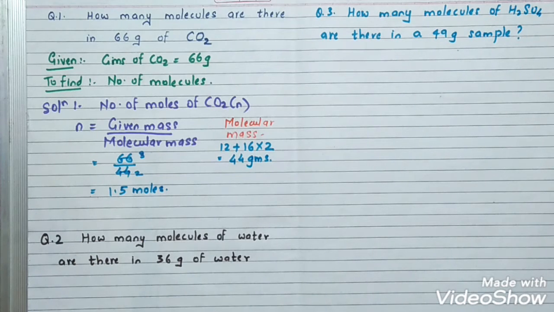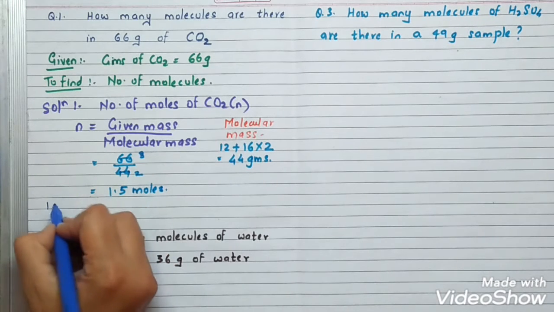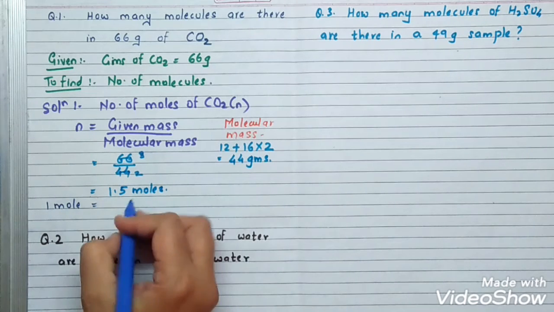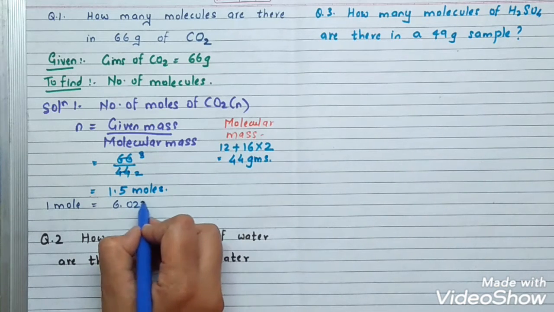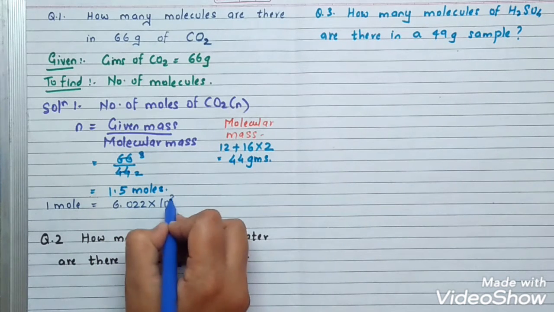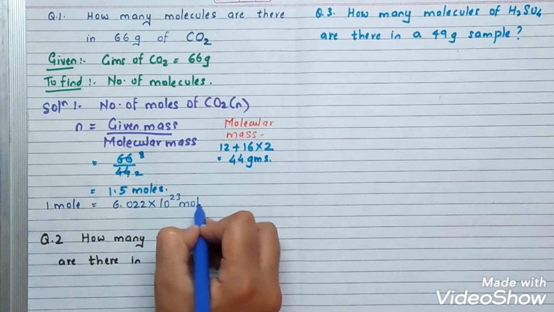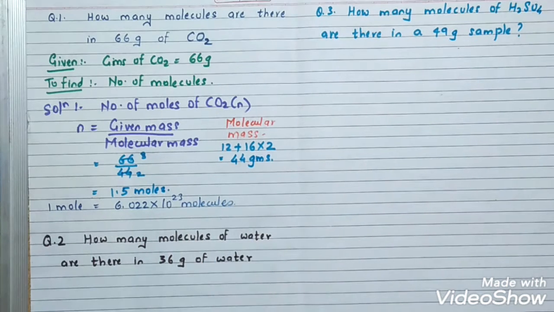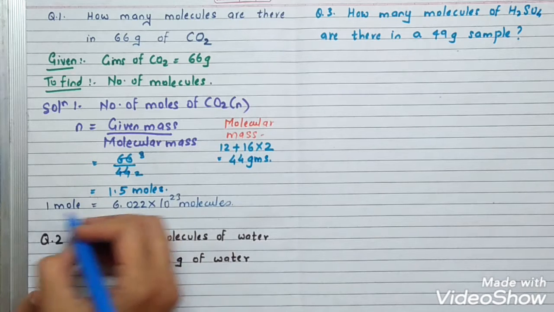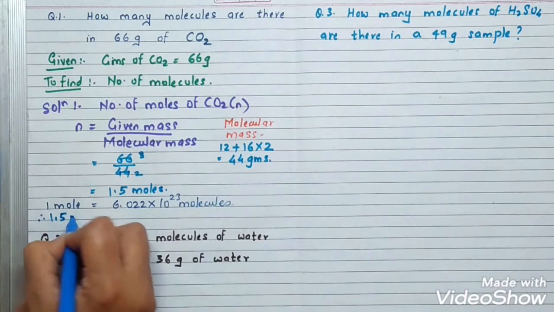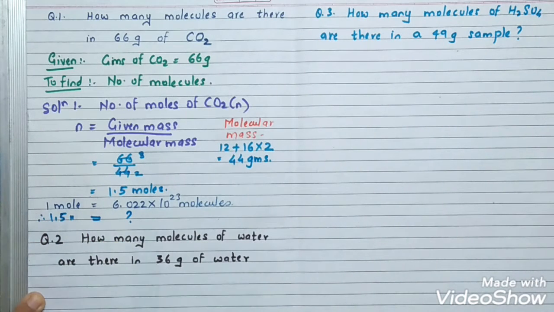Now see, 1 mole of any substance contains how many molecules? 6.022 into 10 raised to 23 molecules. Therefore, 1.5 moles will contain how many molecules?